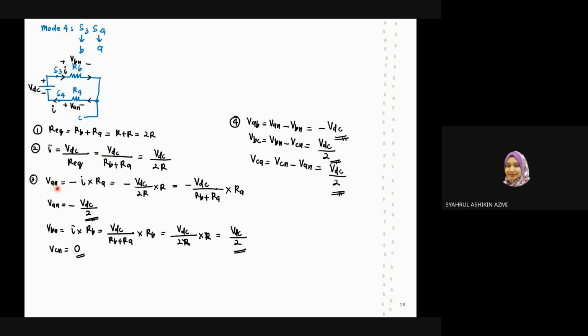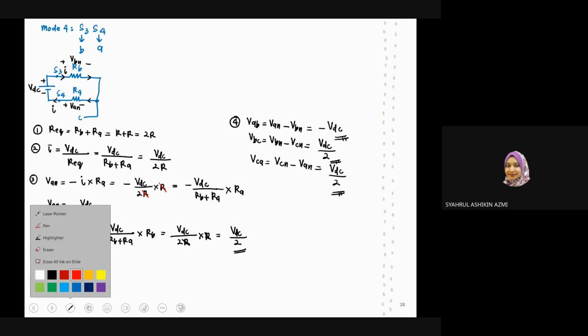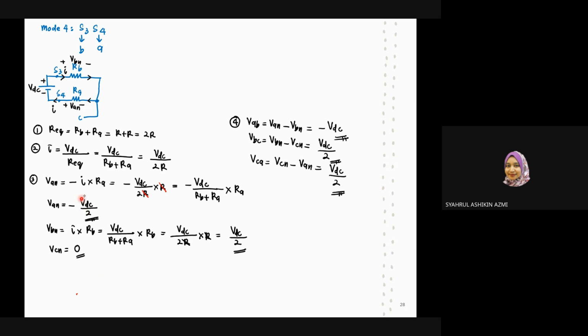So VAN will be equal to negative VDC over 2. This one here is for balanced load.